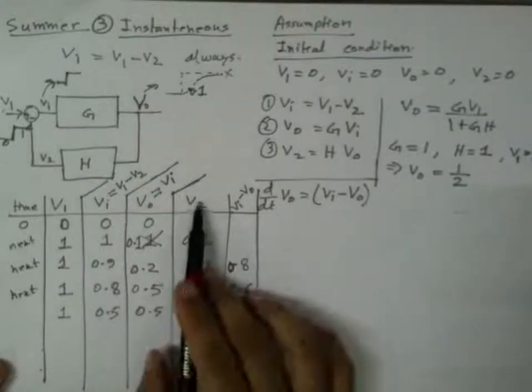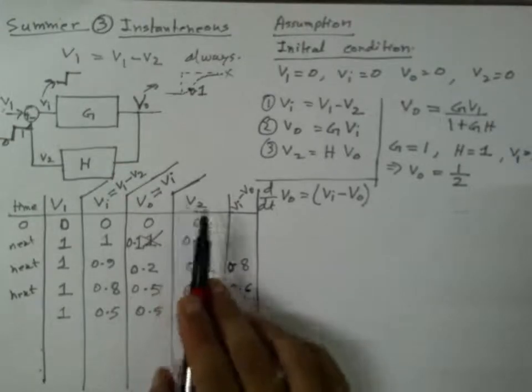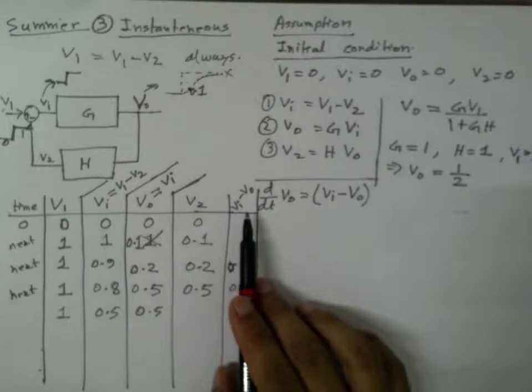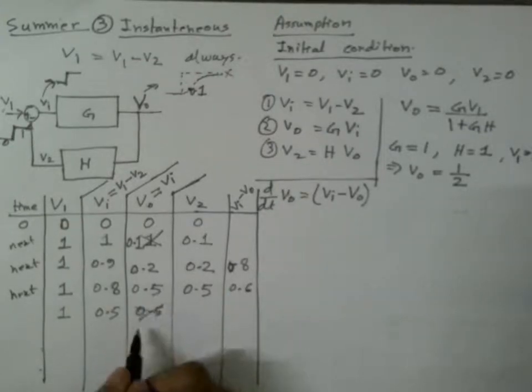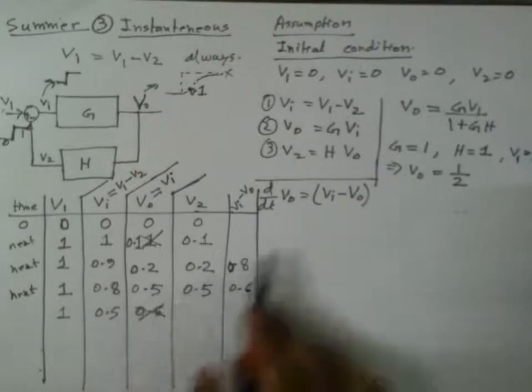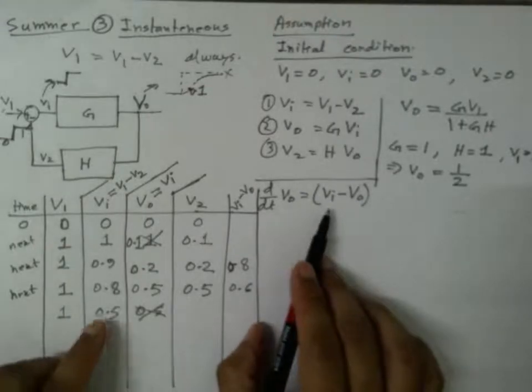And then V2, what will happen to V2? Sorry, we cannot compute it like this. Once again, I made the mistake. I cannot use the static characteristic, I have to use the dynamic characteristic. Okay, so what will happen to this?